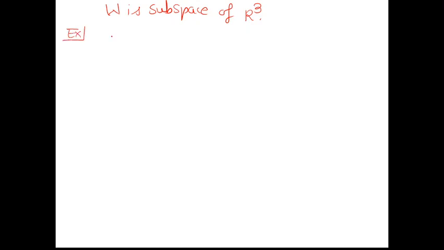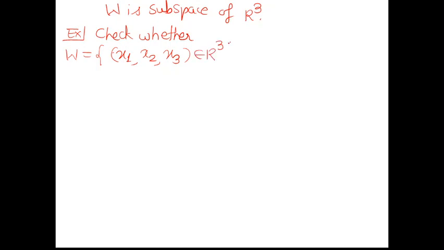The question is: check whether W equal to the set of triplets x1, x2, x3 belonging to R cube, that is, a member of three-dimensional space, such that x1 plus x2 plus x3 equal to 1.